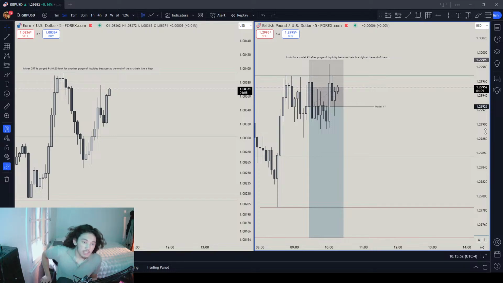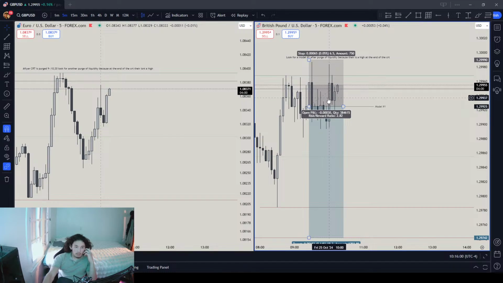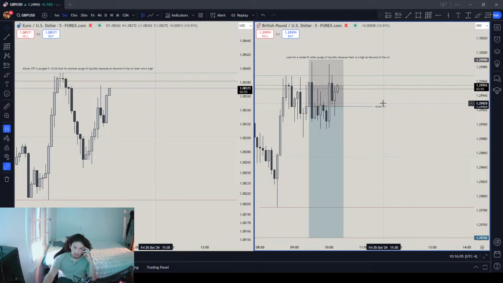Focus on the process, not the outcome. We might have a SMT here, so let's see. No, it does not look like SMT here, but we accept the risk, man.